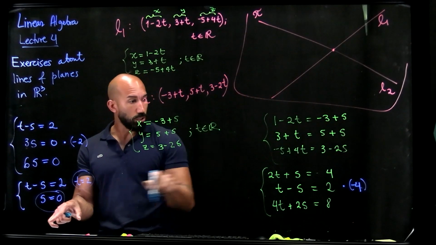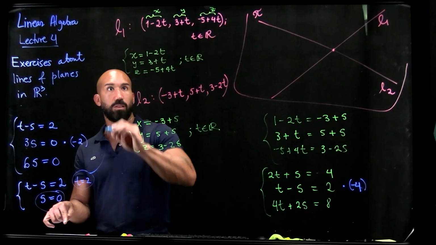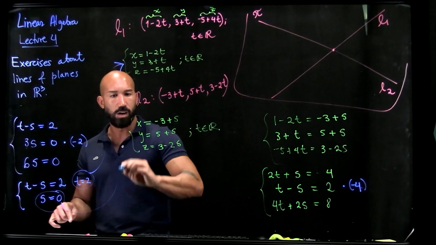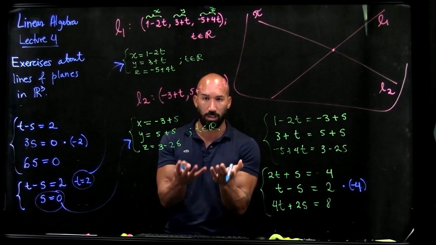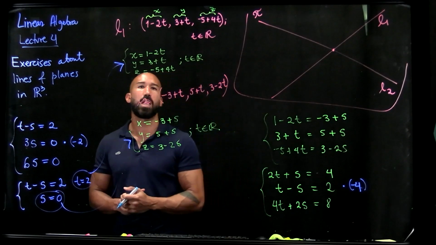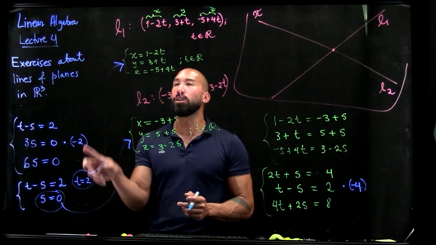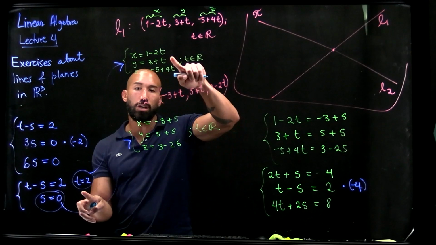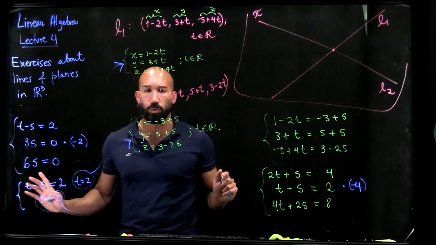The solution to this system here are the values of the parameters that I use here or here. Both have to provide us with the same point. So what you do when you get a solution to this system is using t here to get your intersection point, or using your s here to get your intersection point.